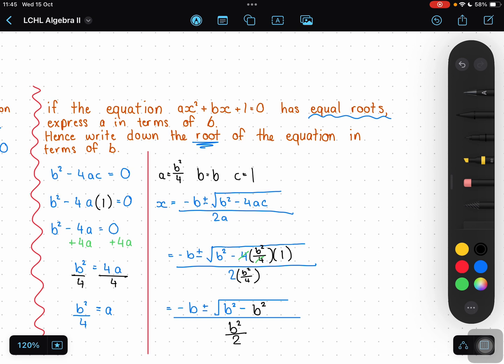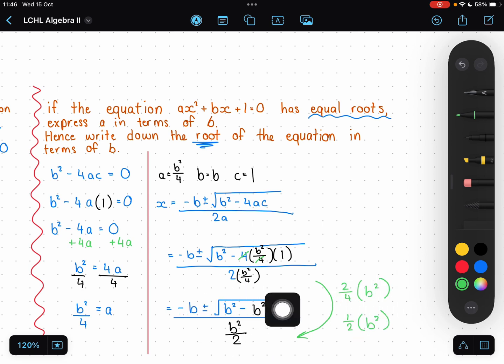My reasoning there being why that can simplify is that 2 over 4 times b squared, which is what I had here, is the same as 1 over 2 times b squared, which is what I've written here.